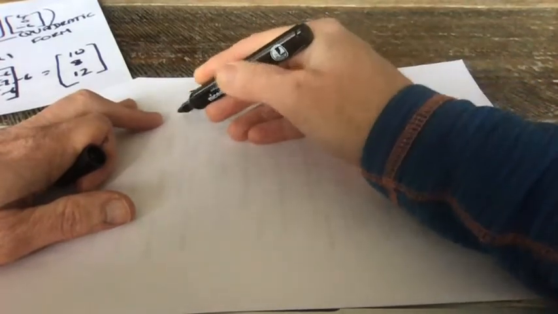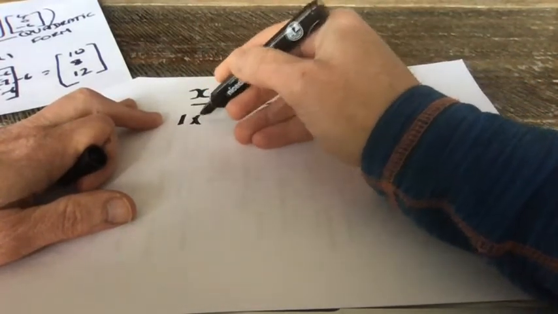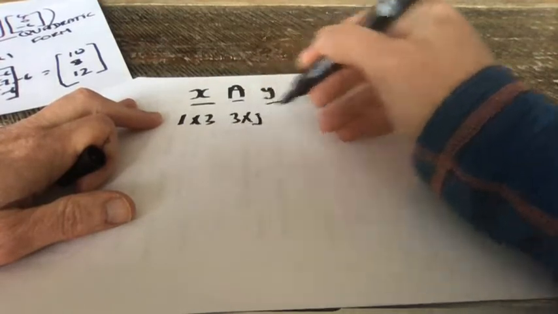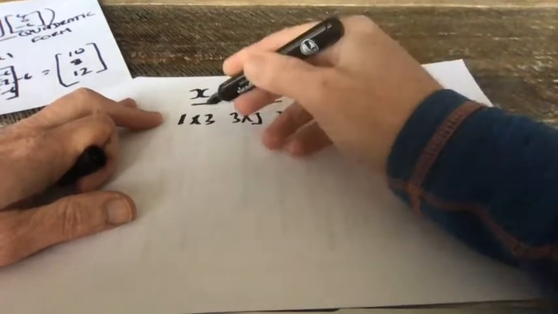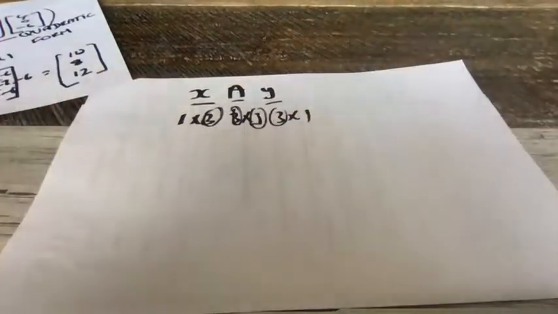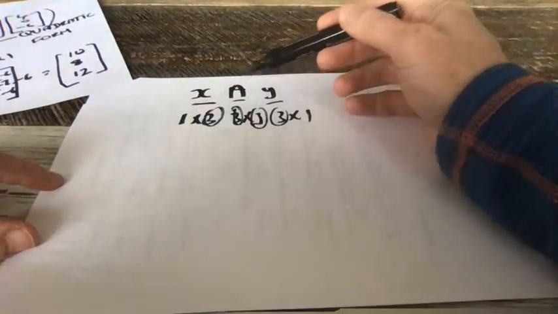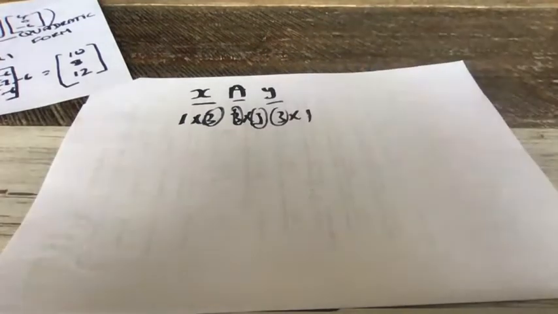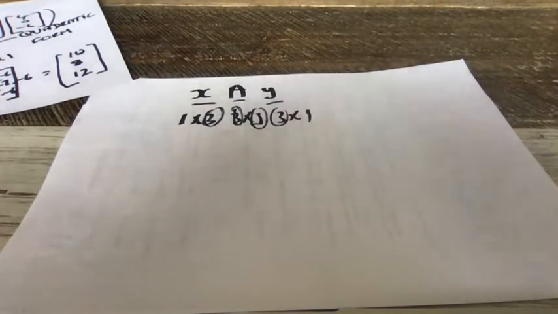Because X, as we know, is a 1 by 3. This is a 3 by 3. This is a 3 by 1. So these will cancel, this will cancel this. So these are the same. So what I end up with is a 1 by 1 matrix. So if I multiply X by A and A by Y, I'm going to get a scalar, a number, a 1 by 1 matrix, which is okay.